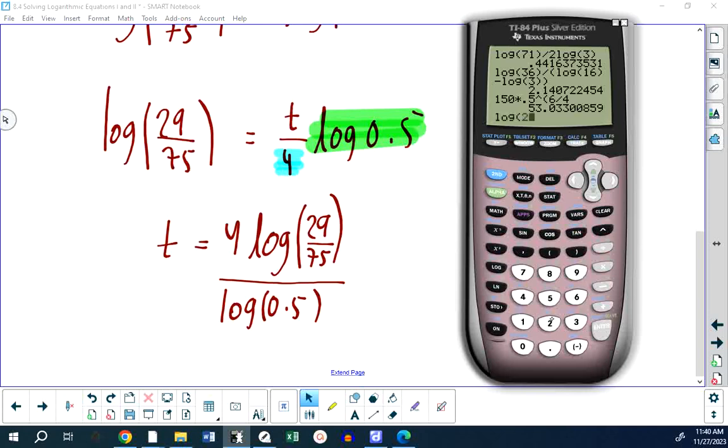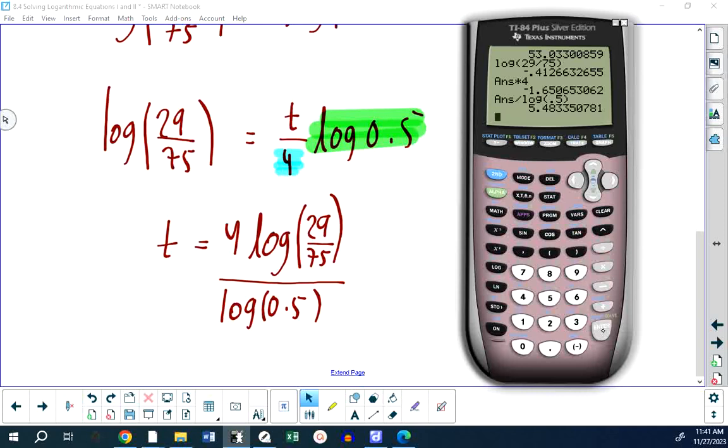So just the way my brain works, I would probably do this. Multiply by 4. Divide by, don't let that negative scare you, because the log of 0.5 is going to be a negative number. It started at 9.